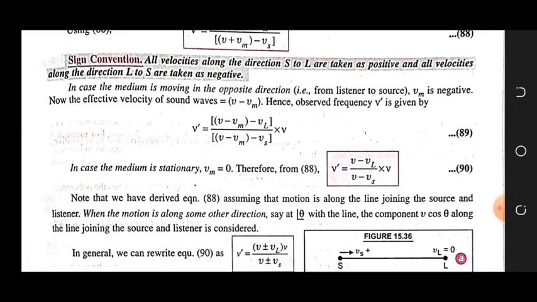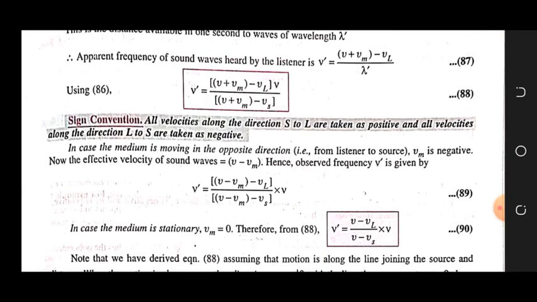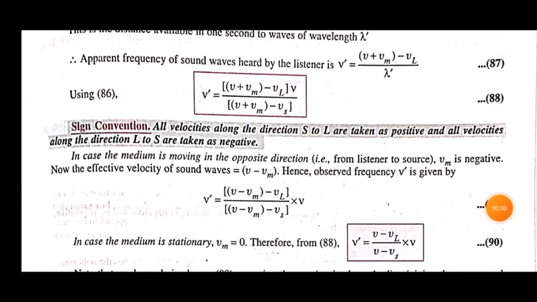Now the first case is when the medium is moving in the opposite direction, that is from listener to source. Then vm will be taken as negative. In equation number 88 you put the value of vm as minus vm, and you get equation number 89.